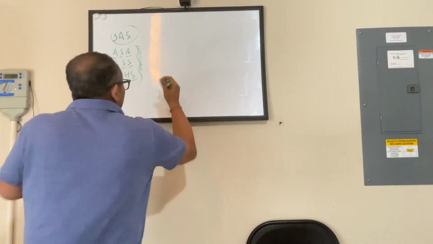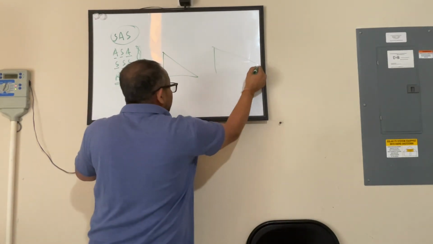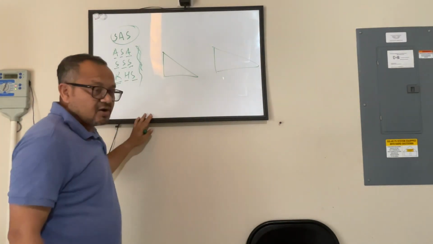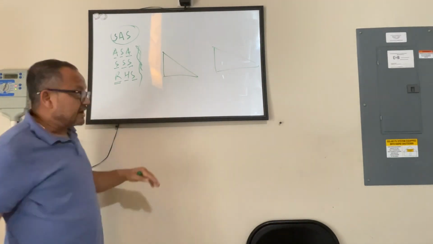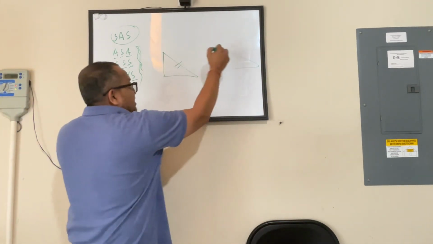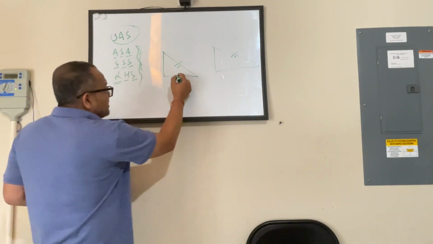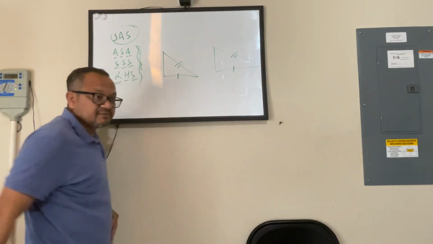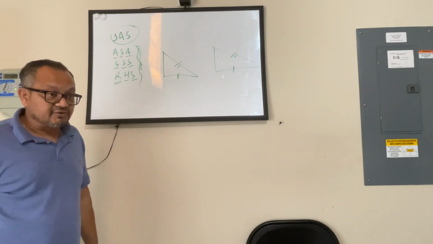I have one right angle triangle, another right angle triangle. What this is saying is, in two right angle triangles, if the hypotenuse are matching, so this and this are matching, and one of the sides is matching, this side and this side are matching, then these two triangles will be congruent.